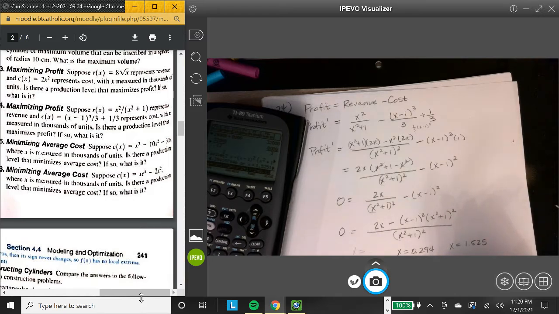So in my mind, I'm plugging in 1. That's going to be 2 minus, this goes to 0. So it's going to be 2 over 1 plus 1 is 2, 2 squared is 4. So it's a positive number.